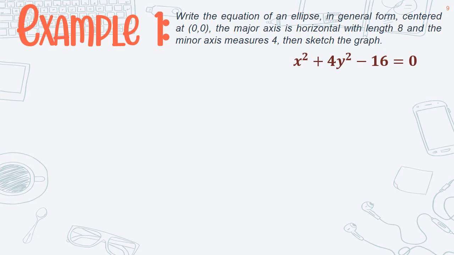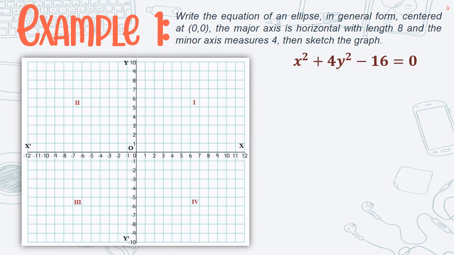Now that we have written the equation for our ellipse, we can now proceed to graphing. Again, the coordinates of our center are already given, which is at the origin. So we can plot the point at (0, 0). The next one, we already have our a, which is equal to 4.